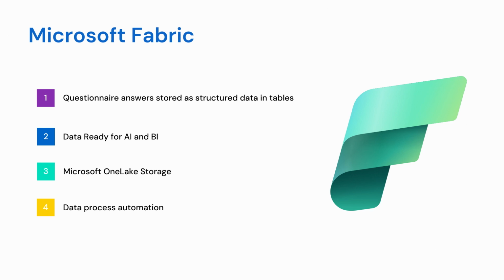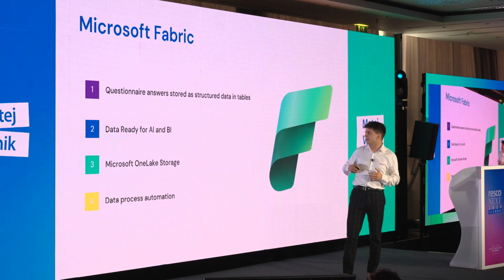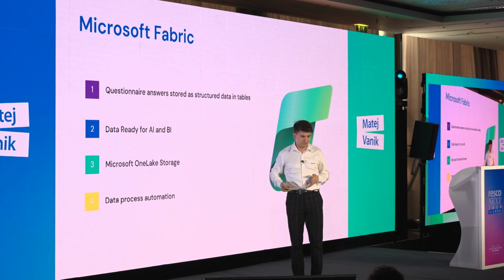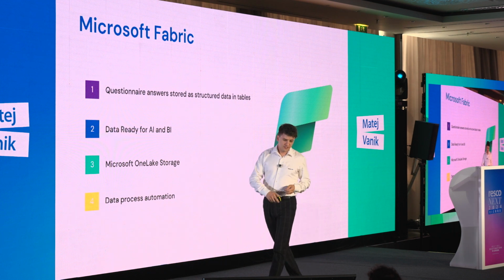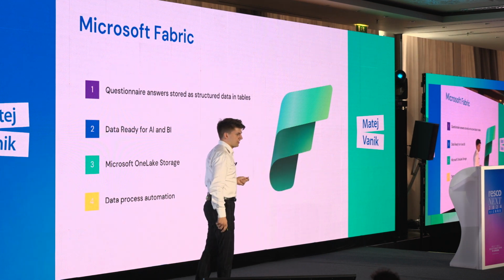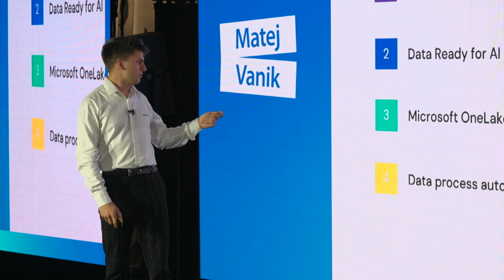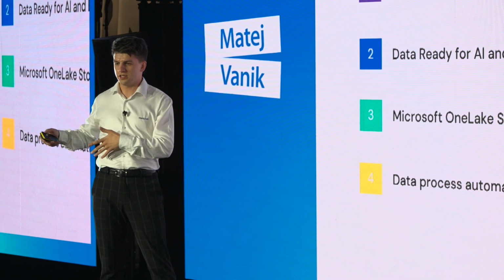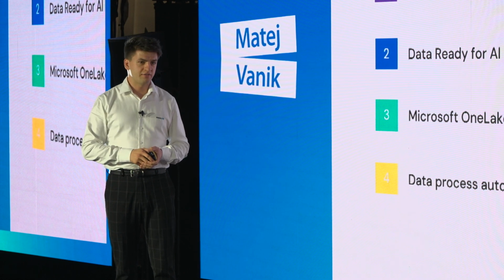And the answer we find in Fabric. Because Fabric can do the data engineering and it can transform the data into structured data, which is then easily consumed by AI and BI, which is part of Fabric. Then we can take advantage of the one storage, the unified storage, the one lake, which is also much, much cheaper than storing your data on Dataverse.